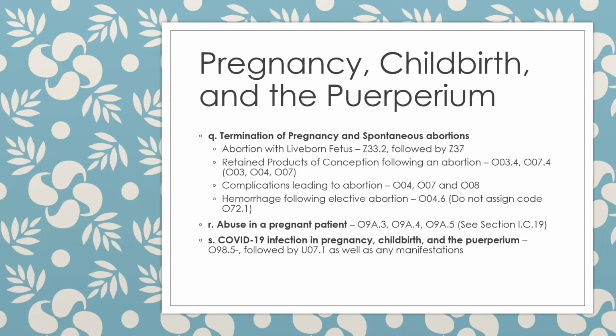When it comes to abuse in a pregnant patient, for suspected or confirmed cases of abuse of a pregnant patient, a code or codes from subcategory O9A.3 for physical abuse complicating pregnancy, childbirth, and the puerperium, O9A.4 for sexual abuse complicating pregnancy, childbirth, or the puerperium, and O9A.5 psychological abuse complicating pregnancy, childbirth, and the puerperium, to identify any associated current injury due to physical abuse, sexual abuse, and the perpetrator of abuse.